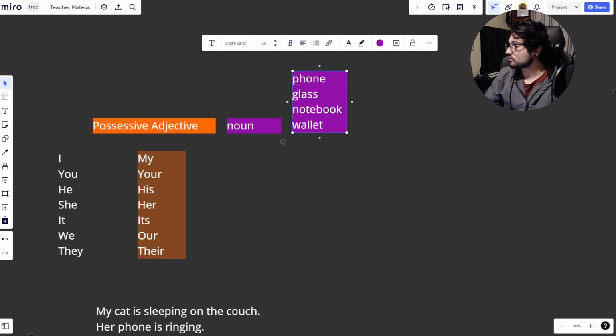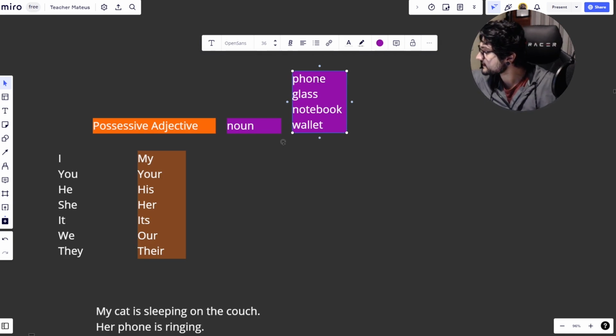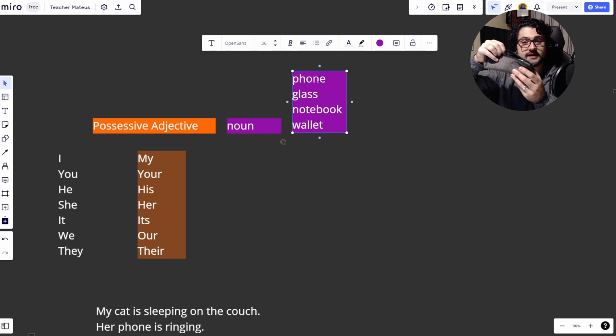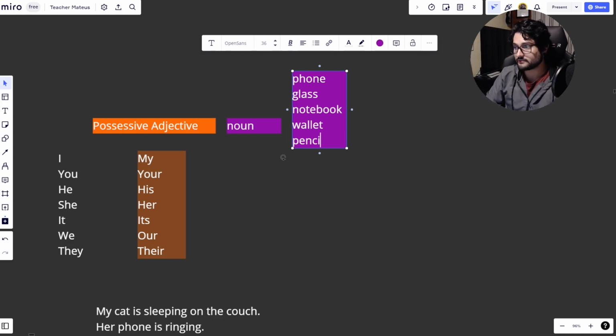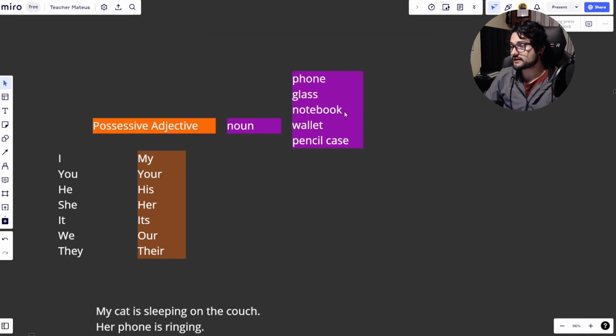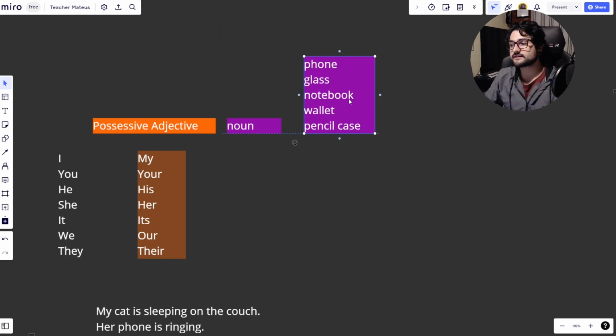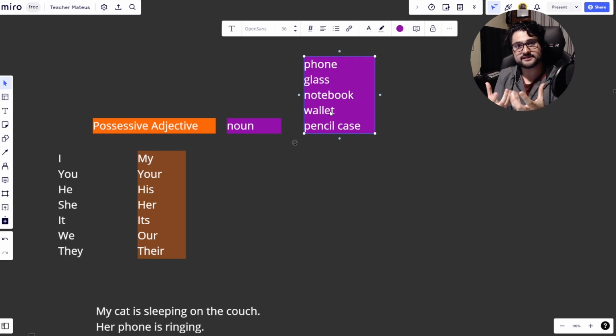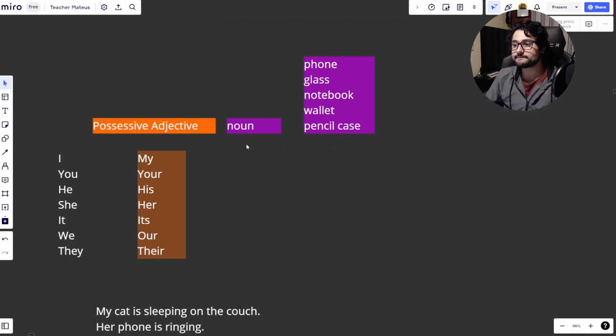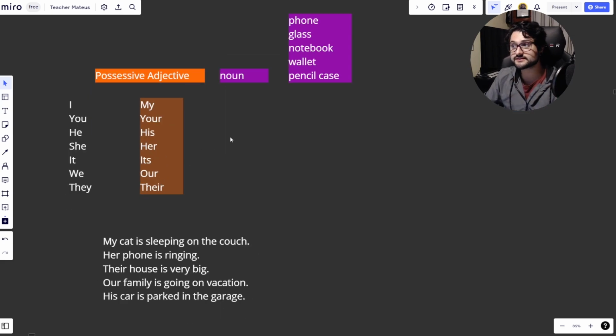This is a pencil case. All right, guys, so there it is. Pencil case, phone, glass, notebook, wallet, all of these are nouns. They are things. They are palpable elements. And the possessive adjectives usually come before them, as we will see in the examples.